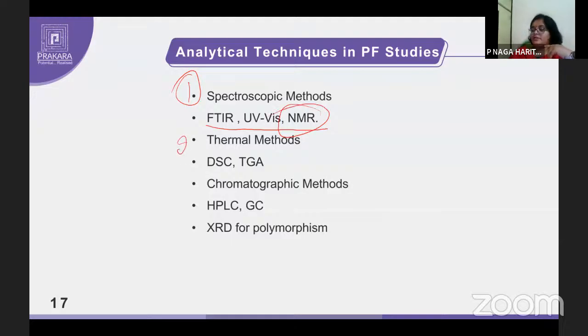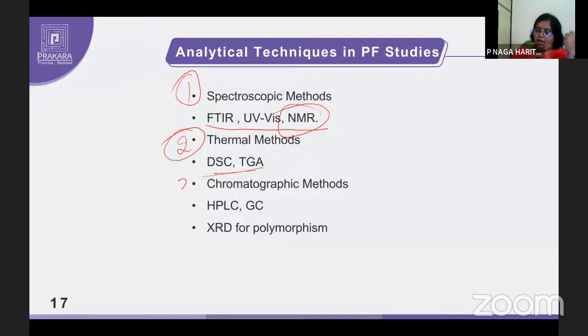And then thermal methods we have, like differential scanning calorimetry and thermogravimetric analysis. DSC assesses the thermal stability as well as polymorphism, whereas TGA mainly monitors the changes in weight due to thermal degradation.